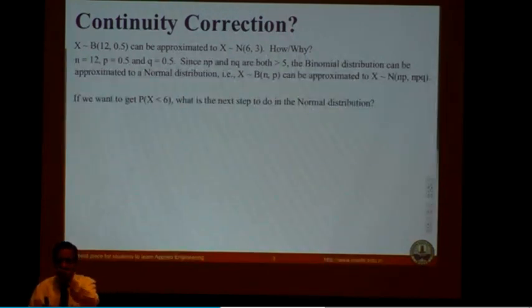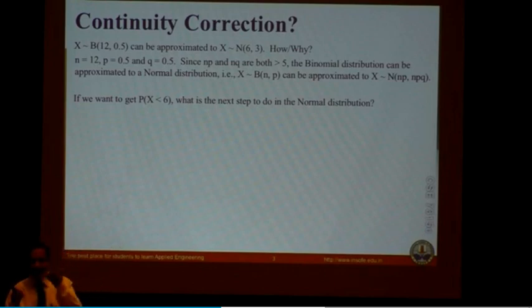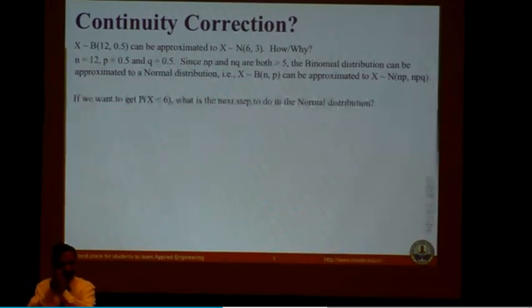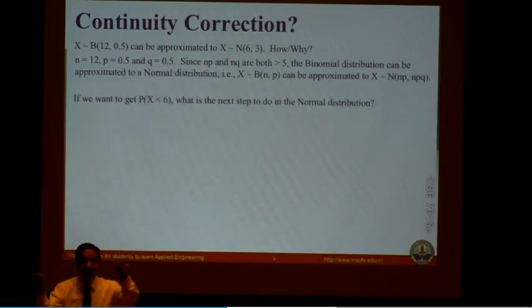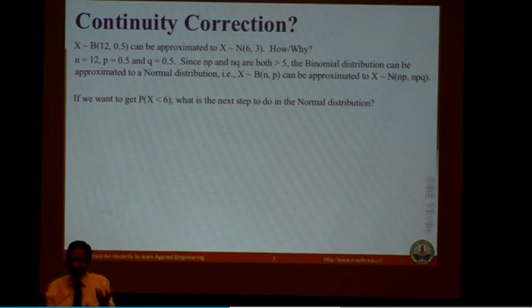That means z sigma is equal to x minus mu. X minus mu is how far x is away from the mean, the difference between the value you are interested in and the mean. How far? Z standard deviations, z sigma.